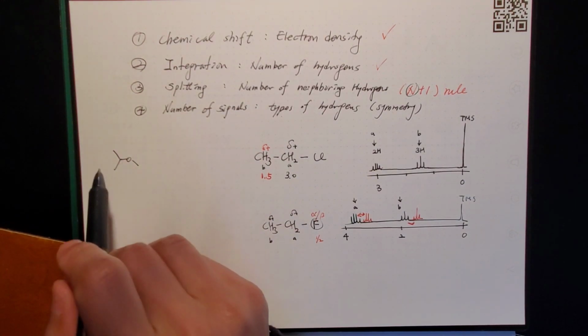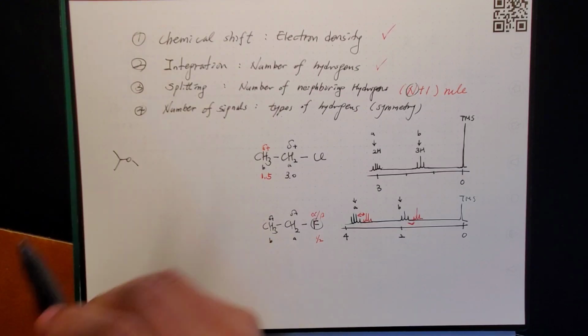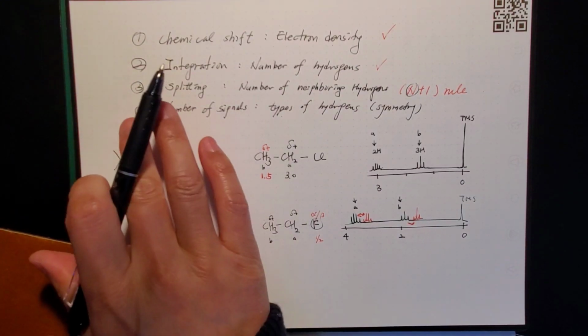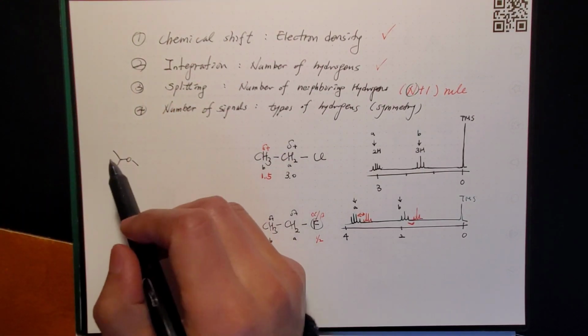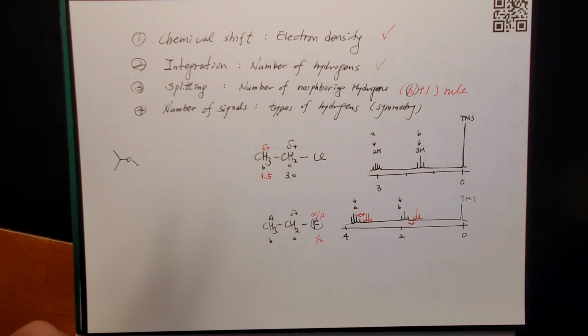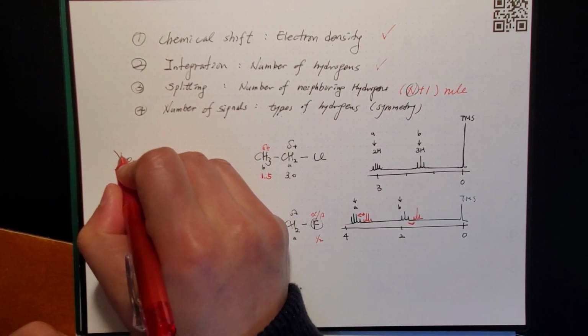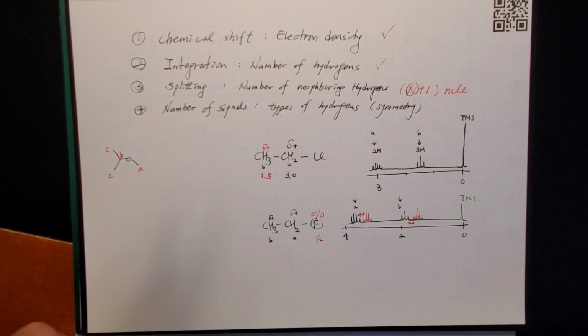Or you can use a mirror that goes through the molecule, okay? Then you can make these two identical. So we can say you have type 1, type 2, and type 3 hydrogens. So you expect 3 signals.